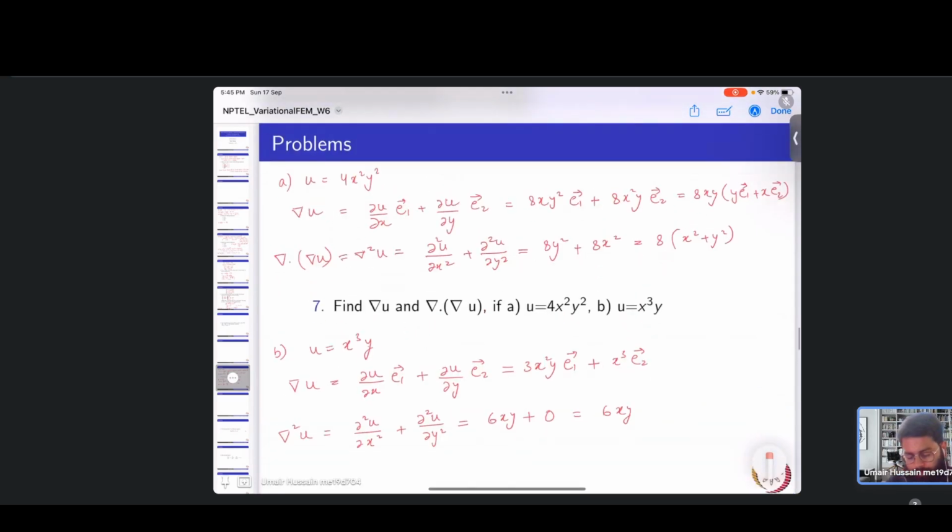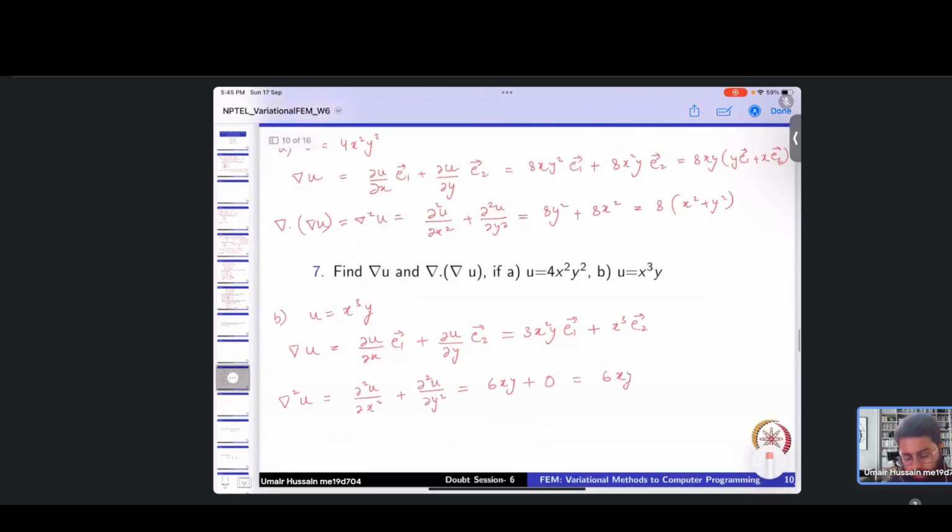Okay, so this is one problem where we understood the use of the gradient and divergence operators.